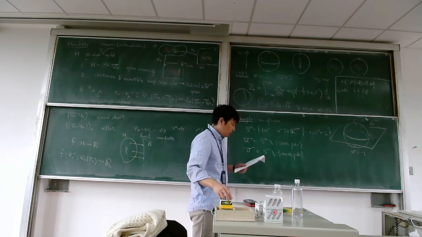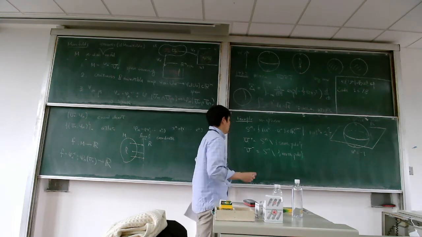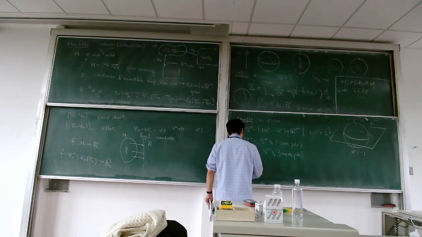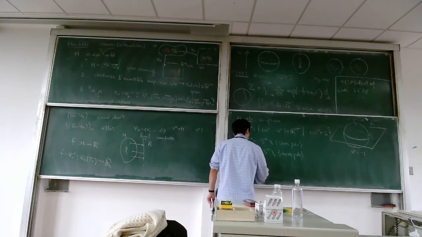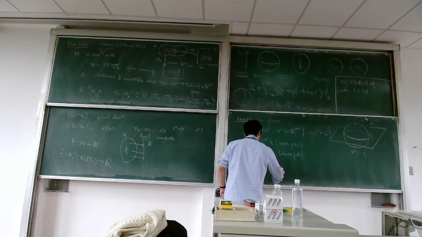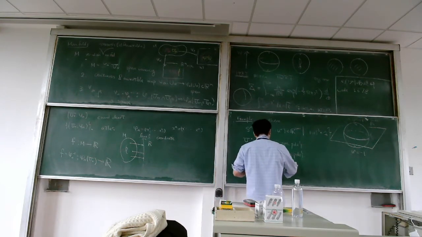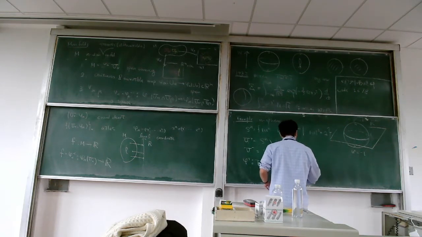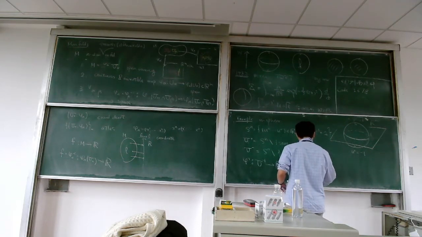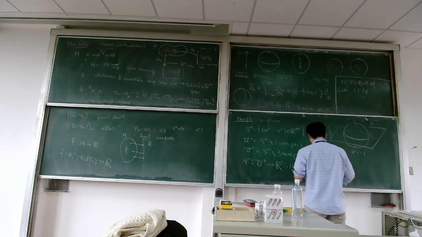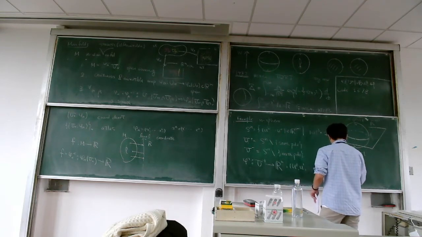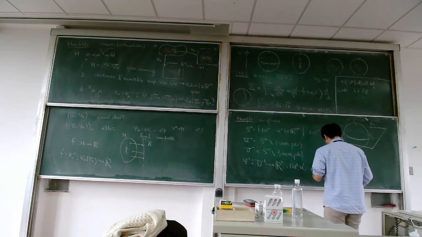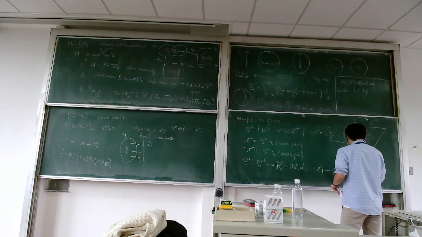Then one can define phi plus, a map from U plus to Rn. u0, u1, up to un is mapped to 1/(1+u0) times (u1, ..., un).